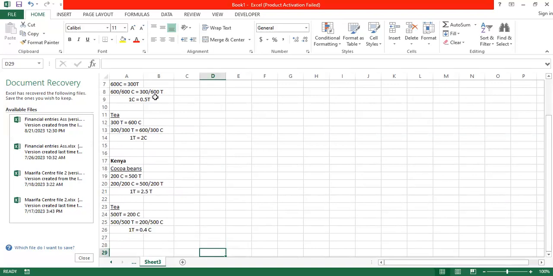But for Kenya, it's cheaper to do tea than to do cocoa beans, because you only lose 0.4, whereas for cocoa beans you lose 2.5. So when we're writing it down now, let's ensure that the question is answered.